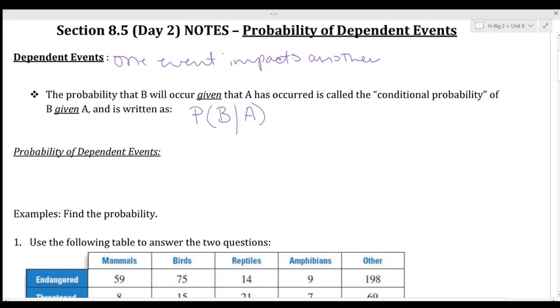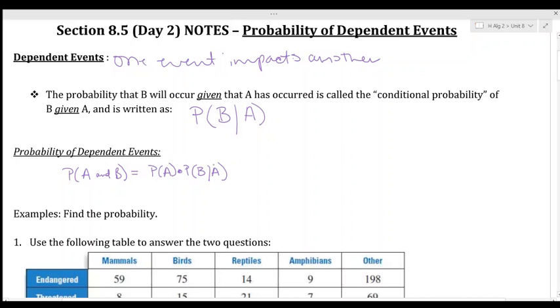Now, the probability of dependent events, if you have the probability of A and B, is equal to the probability of A occurring times the probability of B given A, right? Because again, one event impacts another. So if you have 10 flowers to choose from, you have 10 over 10 choices.